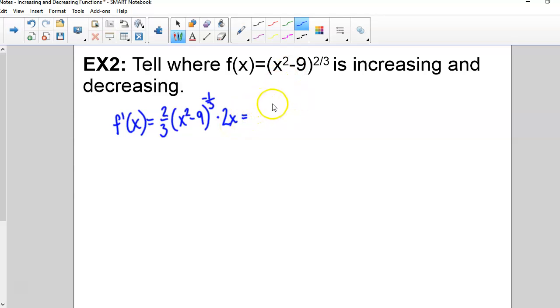So we've got, this is in the numerator, so we've got 2 and 2x, so 4x over the 3 in the bottom, and then the 1/3 power is the cube root of x squared minus 9.